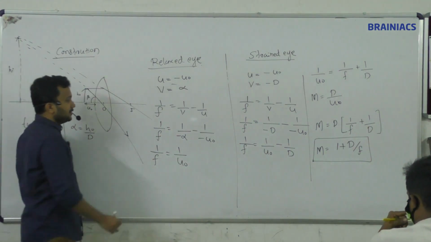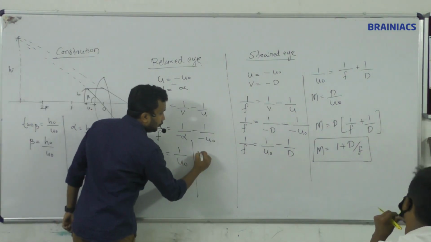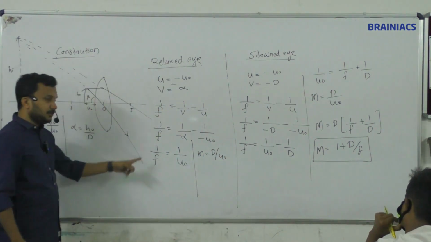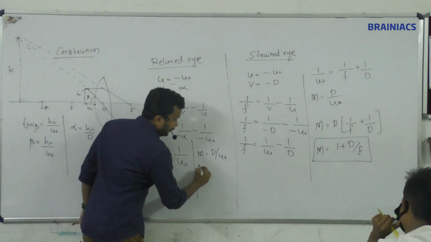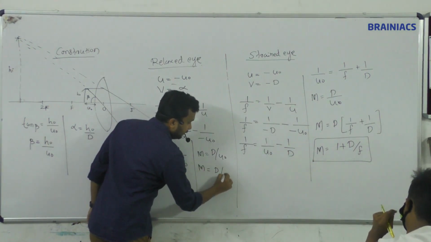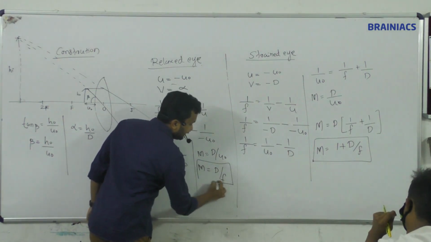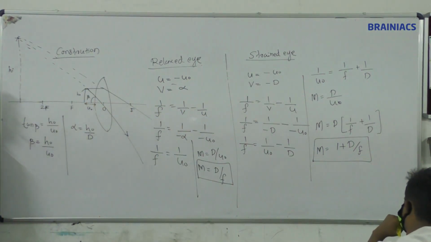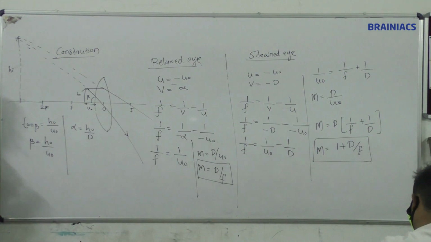What will the magnification formula be? The general formula is D by u0. What is 1/u0? It is 1/f. So m equals simply D by f. To remember: maximum magnification is 1 plus D by f, and the next one is m equal to D by f.